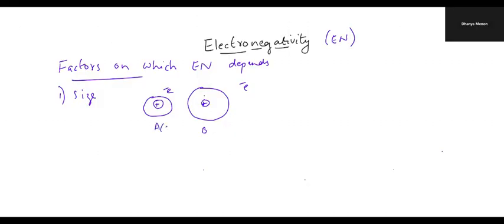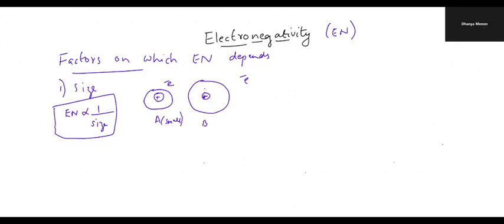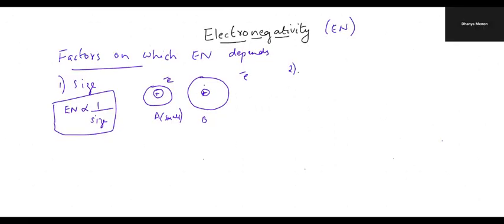So we can say electronegativity is inversely proportional to size. Smaller the size, more is the electronegativity. For size, it is the same as electron affinity and ionization energy. Now, the next one is nuclear charge.